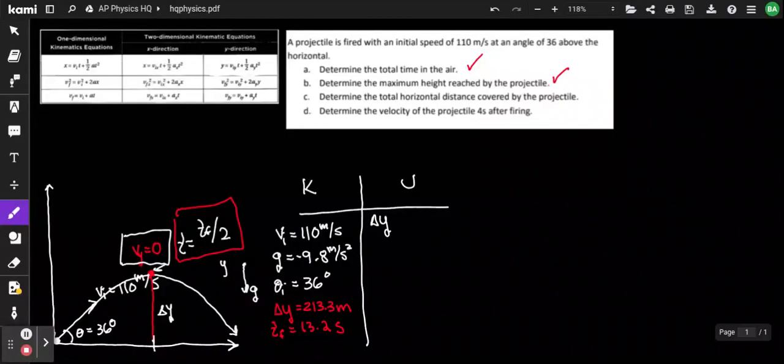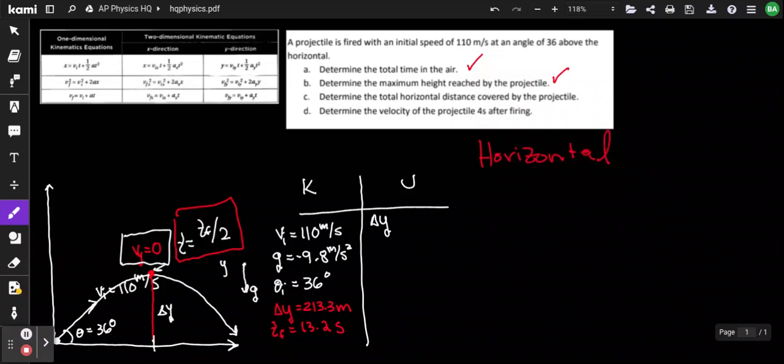So now that we have added our time final into our known chart, we can easily solve for C and D.